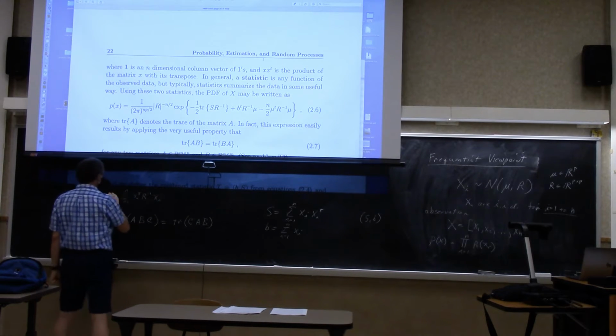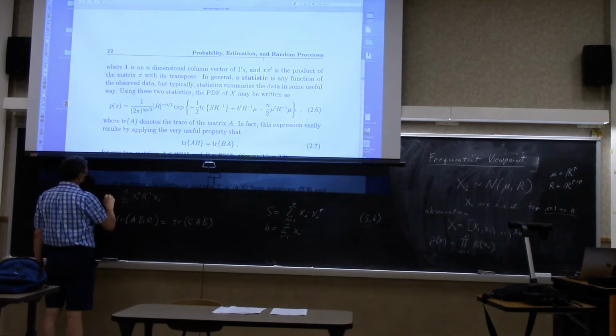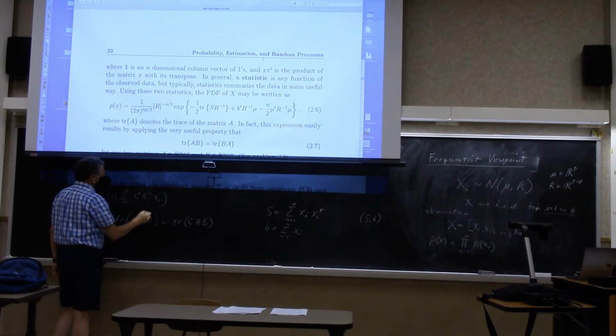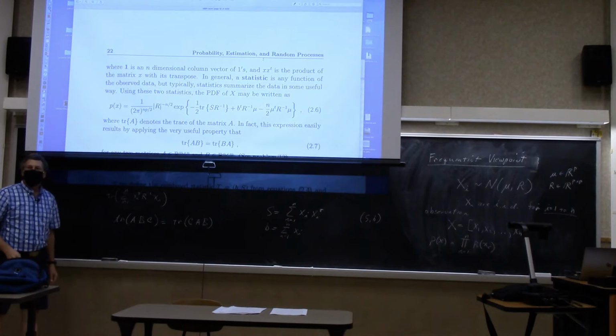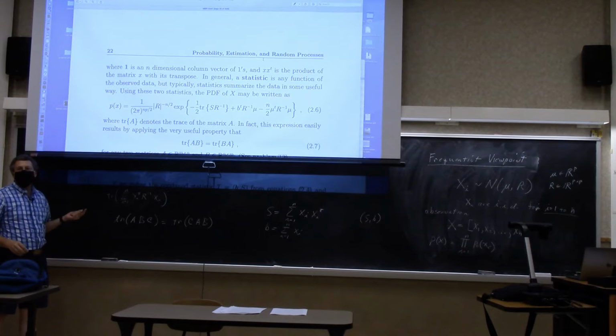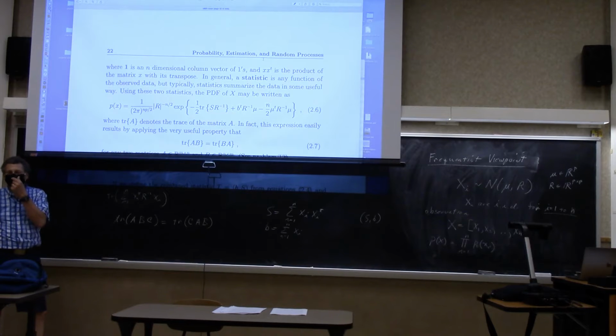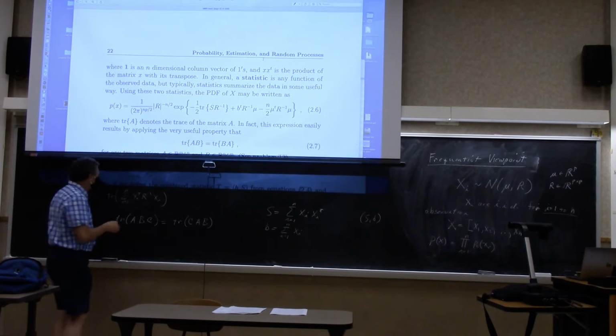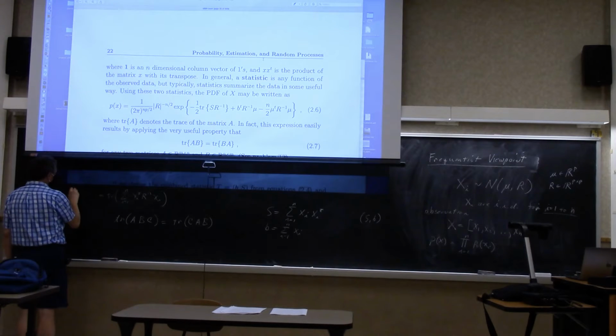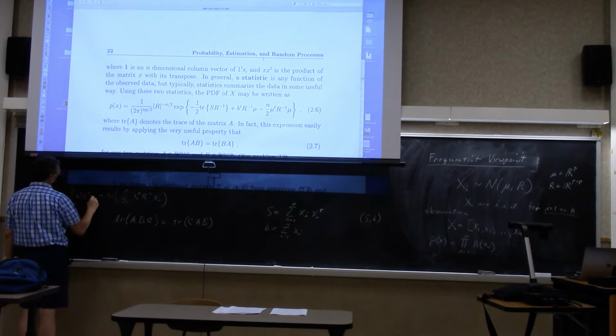So the trace of this is a scalar, right? So the trace of a scalar is just the scalar. There's no difference because it's a matrix with dimension 1, so the sum of its diagonal elements is just it, right? So that's equal to the sum from i equals 1 to n of x_i transpose R inverse x_i.